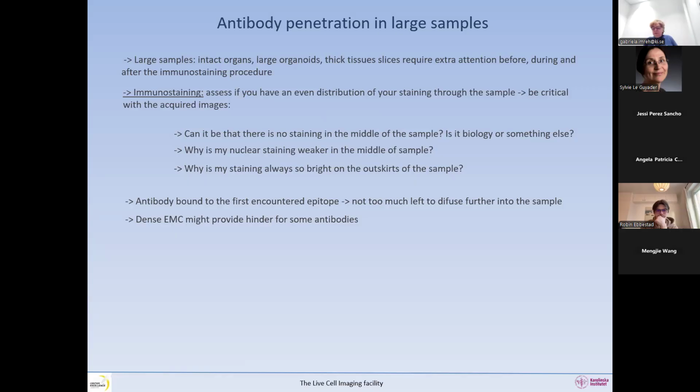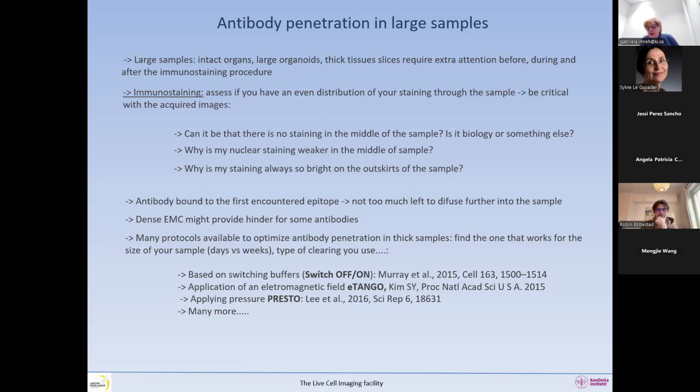Or some samples have a very dense extracellular matrix that will hinder the antibody from penetrating further into the sample. But there is nothing to despair about. Other people also had these problems.